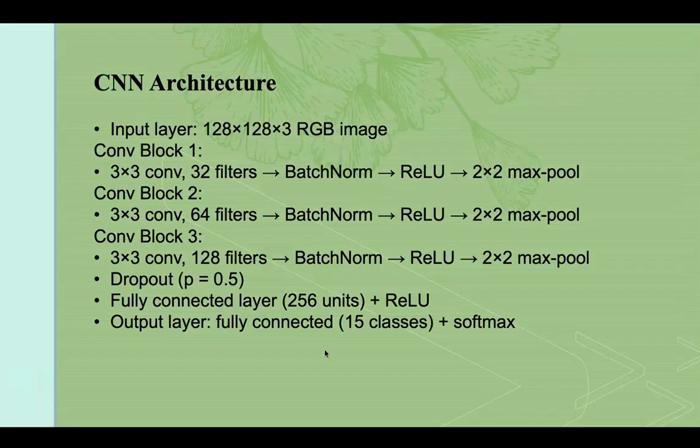Block 2 has 64 filters with the same structure as block 1, and block 3 has 128 filters and the remaining structure is the same, but it is deeper than blocks 1 and 2. After the three convolution blocks, we added dropout with a value of 0.5 to reduce overfitting, a fully connected layer with 256 nodes, and finally a softmax output layer for 15 classes. Our goal was to keep the model simple but still powerful enough to learn meaningful patterns.